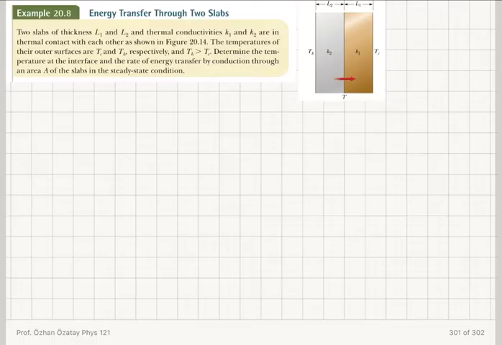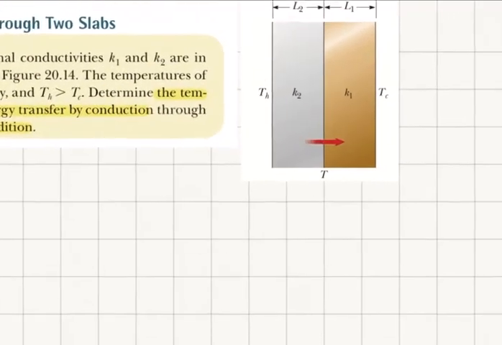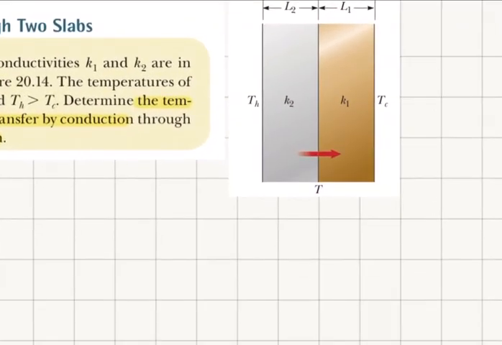Determine the temperature at the interface, and the rate of energy transfer by conduction through an area A of the slabs in steady state condition. Okay, so if I concentrate on this problem, I see one side is hot, so this is the hot side.